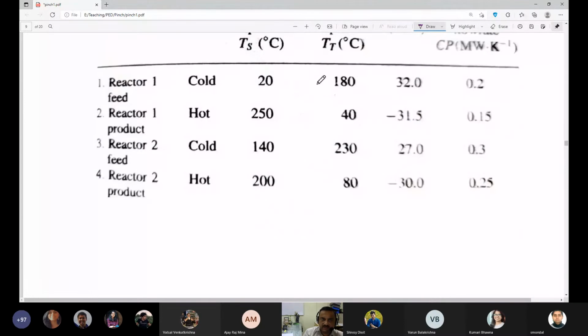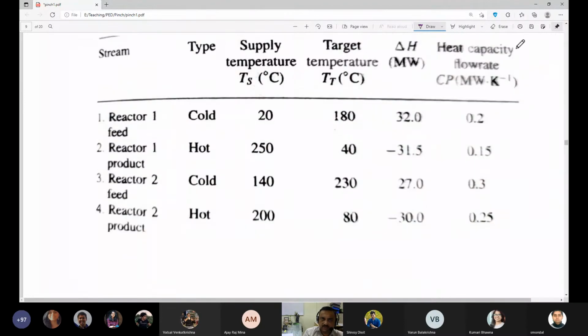That is exactly what we are writing: supply temperature, target temperature, and this is the delta H. These are the delta H values. Then the heat capacity, which as we said is CP, the unit of it would be MW per Kelvin. When we talk about a difference in temperature, Kelvin and degree centigrade are the same, so we can work interchangeably.